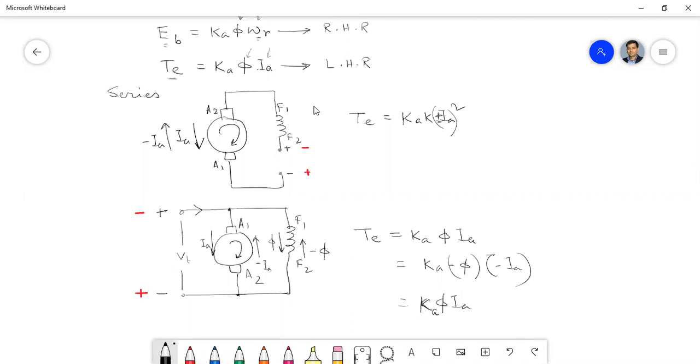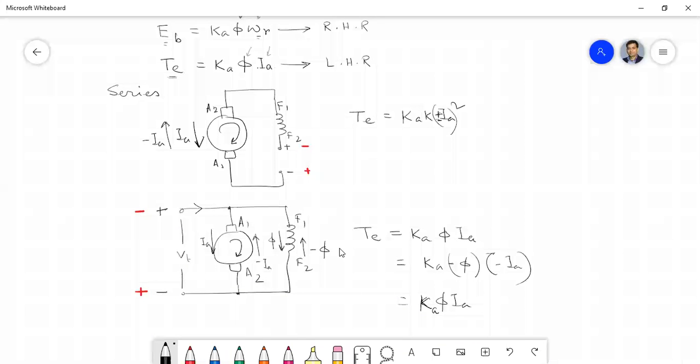Then see whether the direction of your thumb changes with respect to the earlier. No, sir, same direction. So you don't have to go by the theorem K phi IA which you have learned in this class. By the left hand rule also you can explain this.